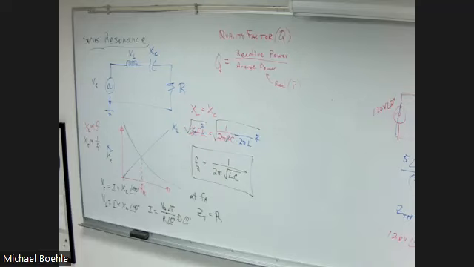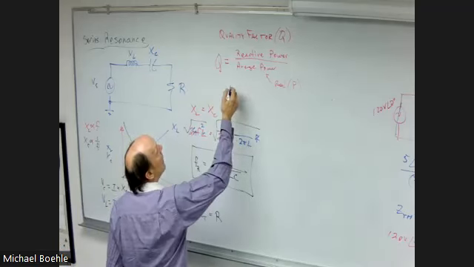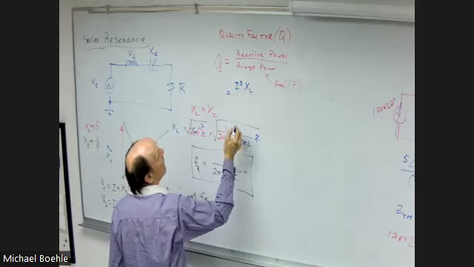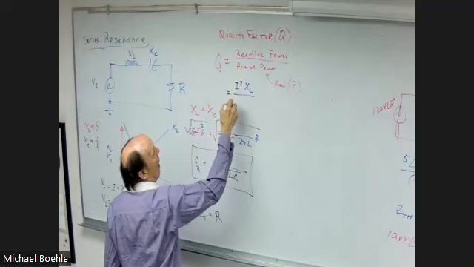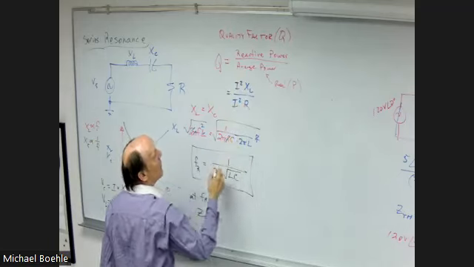I say that because when we do parallel, it's going to be different. So we start with our inductor. And there's a good reason for that. We'll get to that here in just a second. So reactive power then would be current squared times the inductive reactance. The average power would be current squared times the resistance.